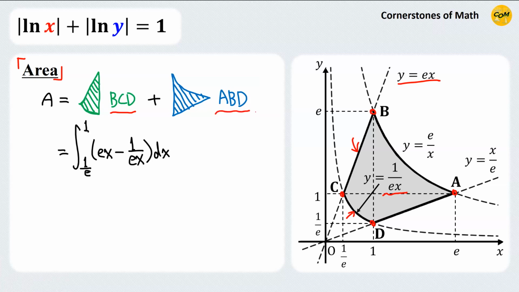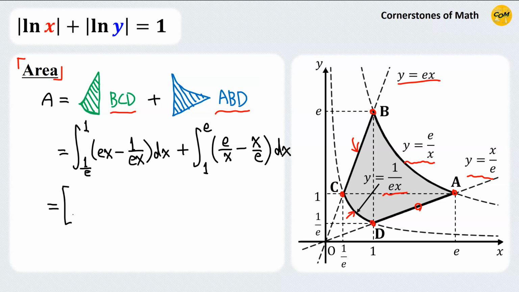And as for the shape ABD, it is the region between the hyperbola y equals e over x and the straight line y equals x over e. So integral e over x minus x over e dx now from 1 to e. So if we integrate, for the first one we obtain e over 2 x squared minus 1 over e ln absolute x.